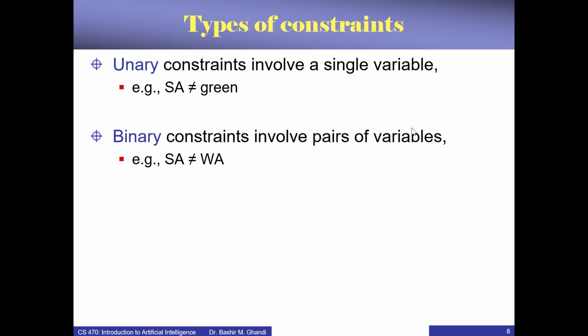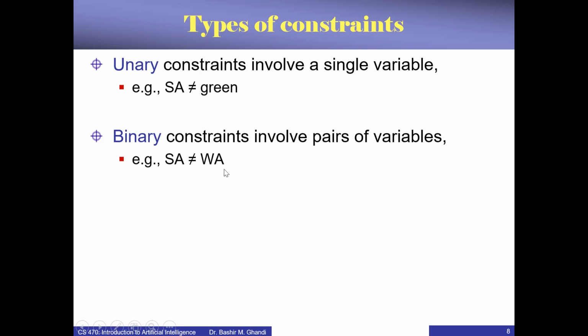A constraint can also be binary. A binary constraint is one that involves two variables or a pair of variables. These are the ones we have in this Australian mapping example. So for example, the color of South Australia must not be the same as that of Western Australia.